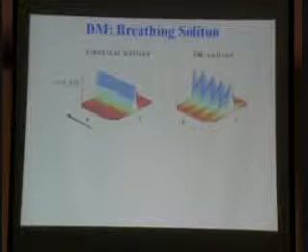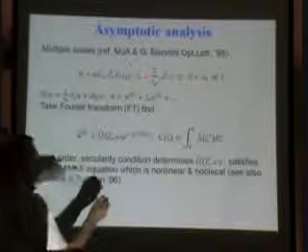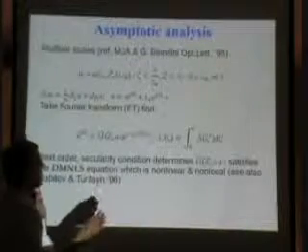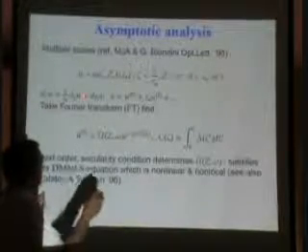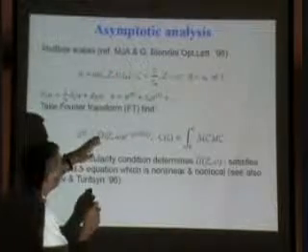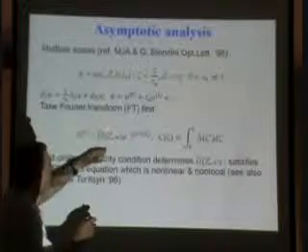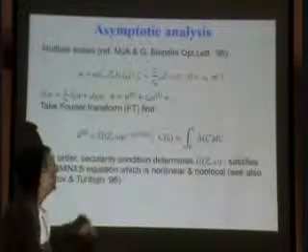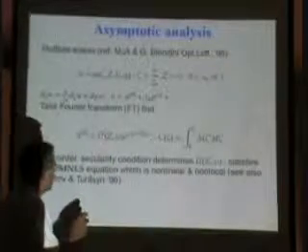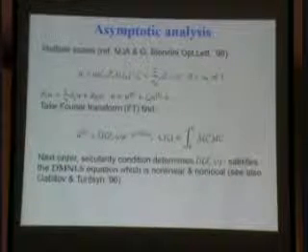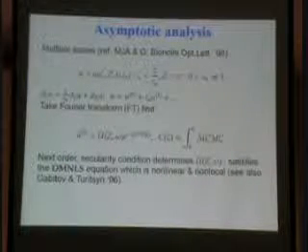So the net result is that we introduce multiple scales. A fast scale Z over ZA, where ZA is the amplifier length, and a slow scale Z. And then from that, you get to leading order a linear problem, which you can solve in terms of rapid exponential and slowly varying amplitude that satisfies the integro-differential equation.